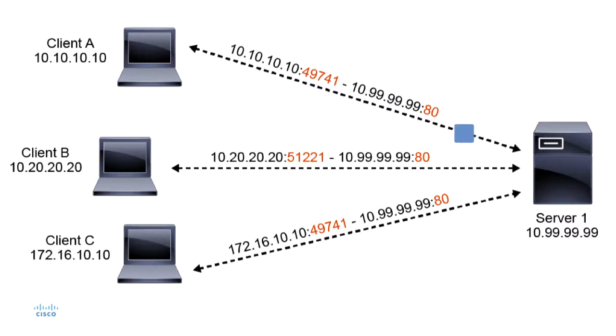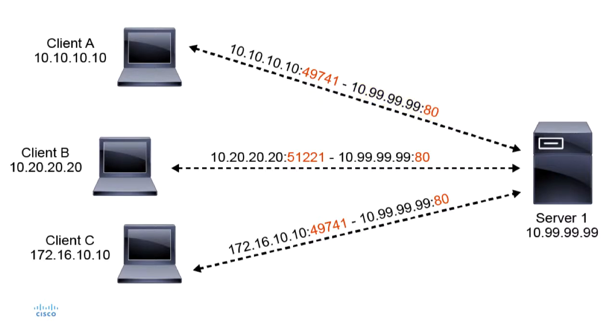So in the return segment from server 1, it'll have a destination address of 10.10.10.10 with a destination port of 49741, and the source address will be 10.99.99.0 with a source port of 80.